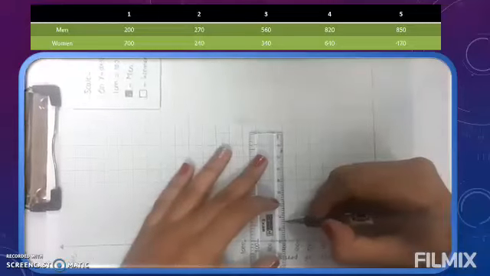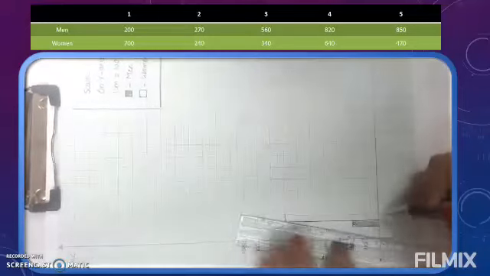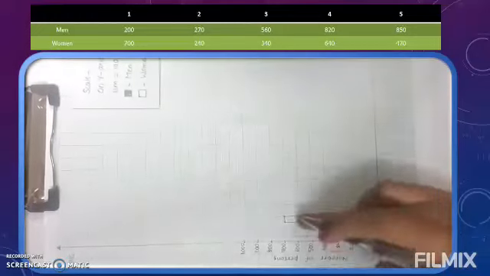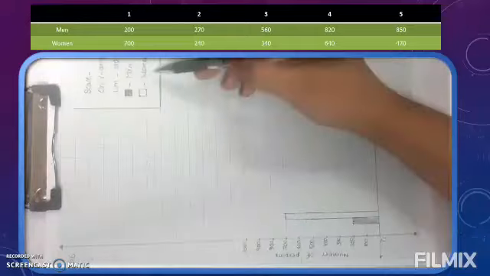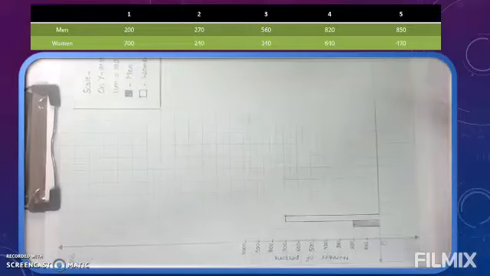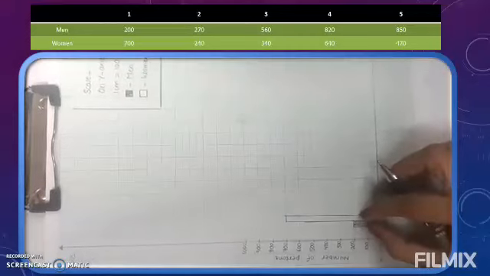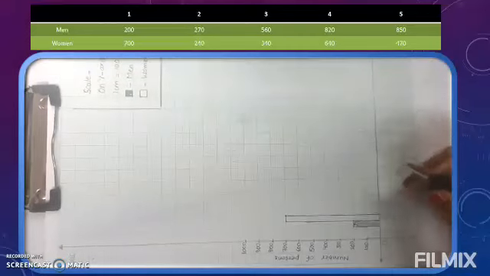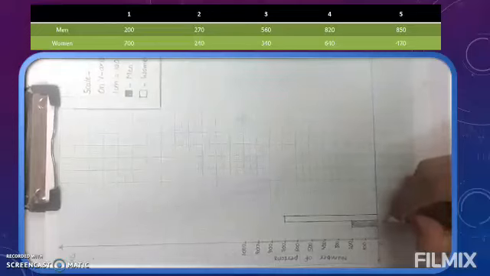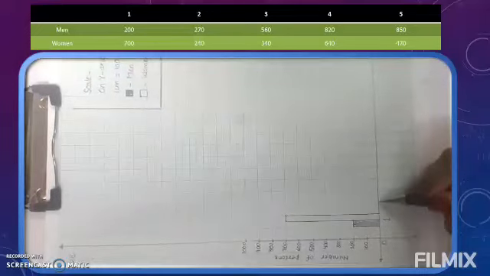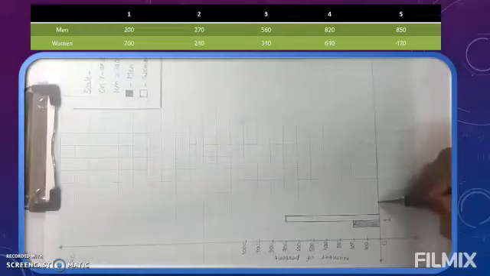If you want, you first join these both, then extend this point. Now this bar is showing information about woman. Woman we have to keep blank, so we will not shade. These both joined bars are showing information about booth number 1. So here we will write 1. Clear? After that, next darker green line we will proceed.